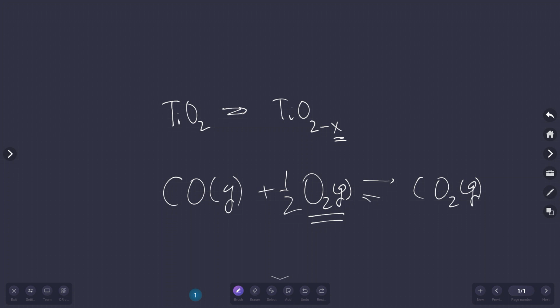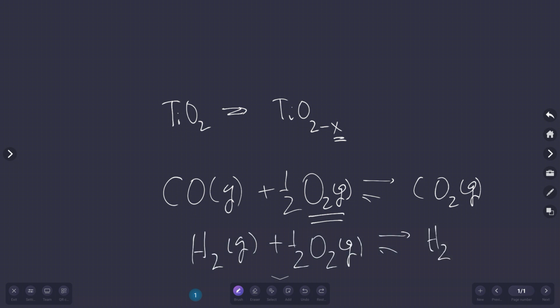Same thing with hydrogen and water vapor. Same idea: hydrogen gas reacts in a very similar way and gives you H2O, water vapor. So a certain ratio of this gas with that gas will create a unique PO2. And by doing this, you can create very low PO2, which is often done in the lab.